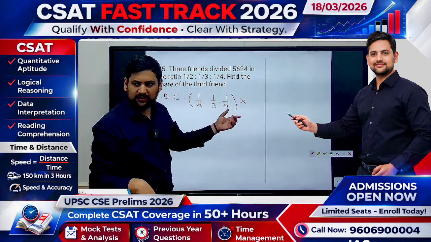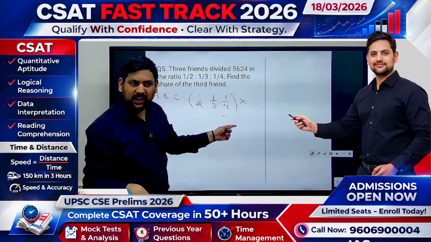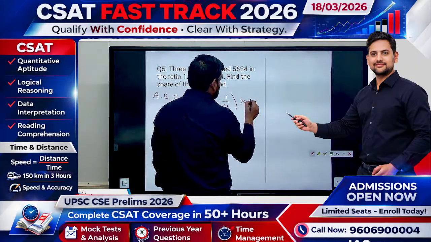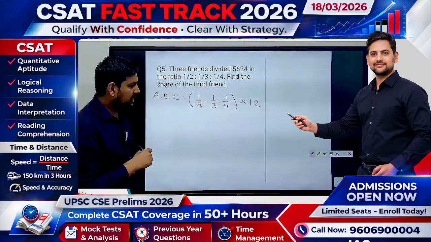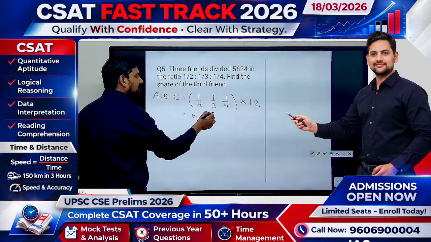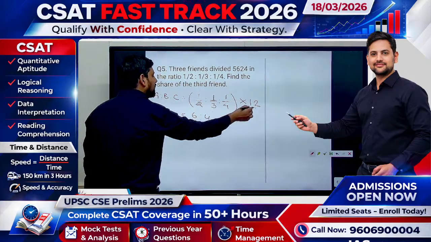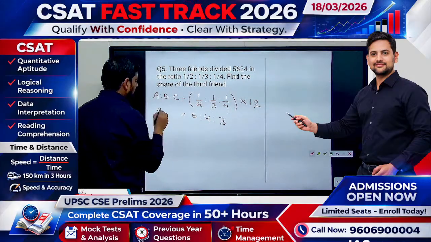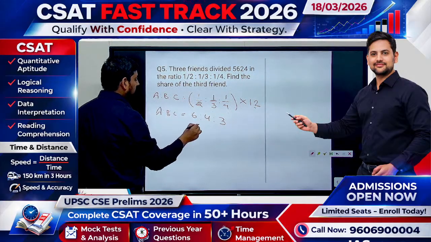So 2, 3, 4. Can you see the LCM? LCM is 12. So let's multiply it with 12. Then what will this become? 12 by 2 is equal to 6. 12 by 3 is equal to 4. And 12 by 4 is equal to 3. So this is the new A ratio B ratio C.